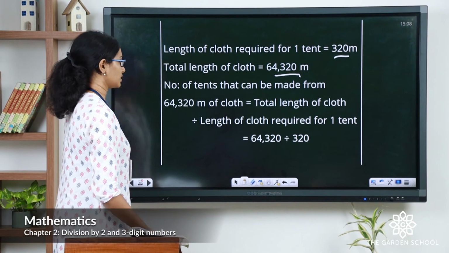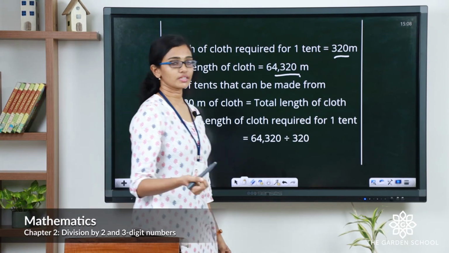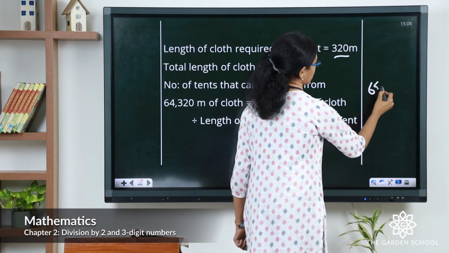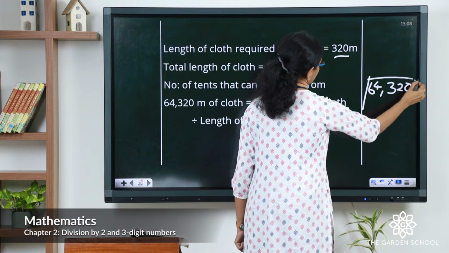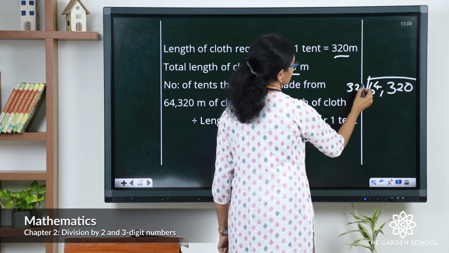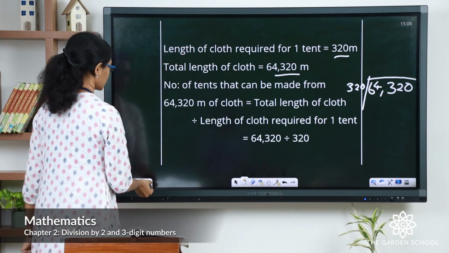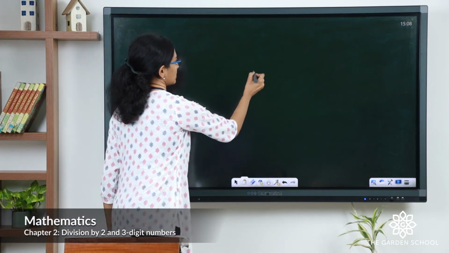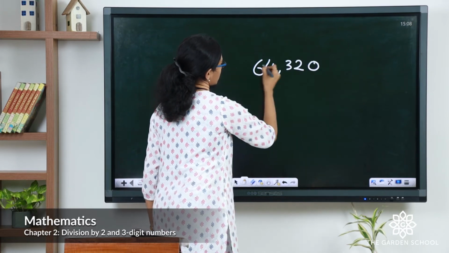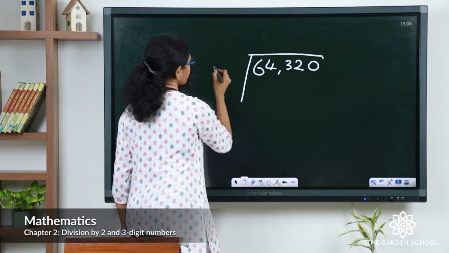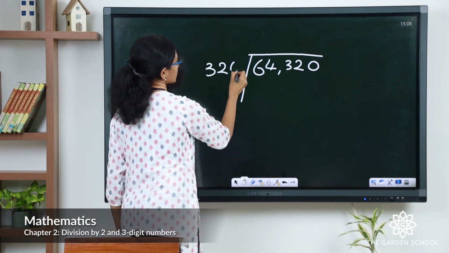Let's do the division now. We can do the calculation in the working column. 64,320 divided by 320. I'll do the calculation on a fresh page. 64,320 divided by 320.